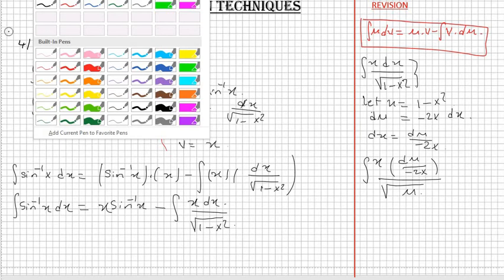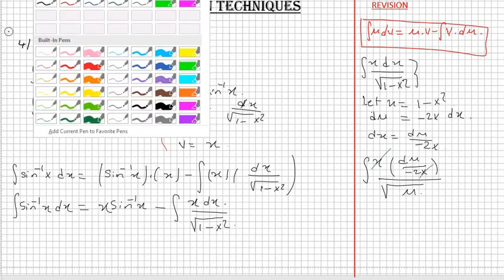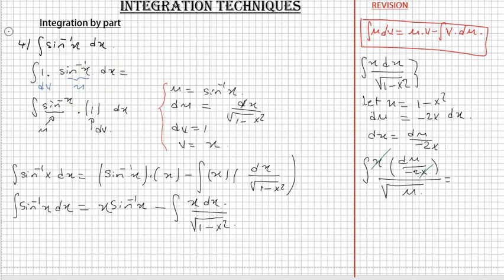So now you are going to realize that there are some terms that can cancel out. We have x there and x there. So I'm going to remain with a constant, -2. So we just say the integral of -1 over 2 multiplied by du over square root of u. So now you get a simple expression that you can integrate.